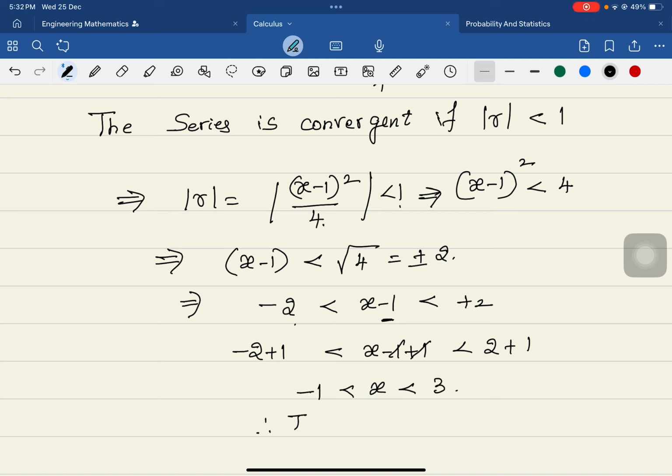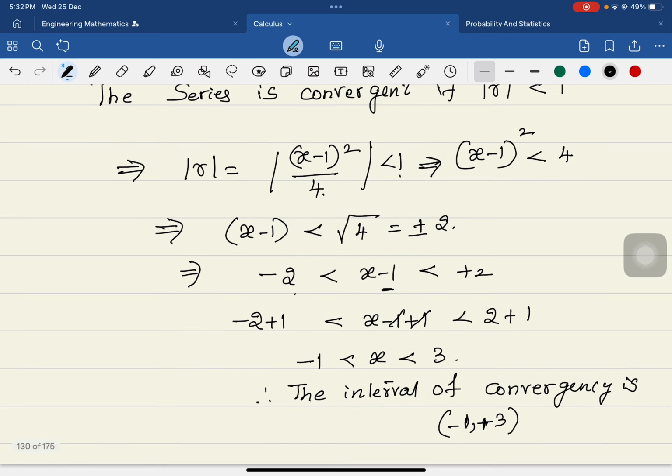Therefore, the interval of convergence is the interval minus 1 comma 3. This is what you have to understand. I hope it is clear.